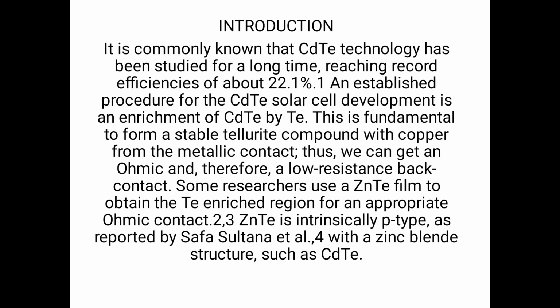Some researchers use a ZnTe film to obtain the Te enriched region for an approximate ohmic contact. ZnTe is intrinsically p-type, as reported by Safa Sultan et al., with a zinc blende structure such as CdTe.